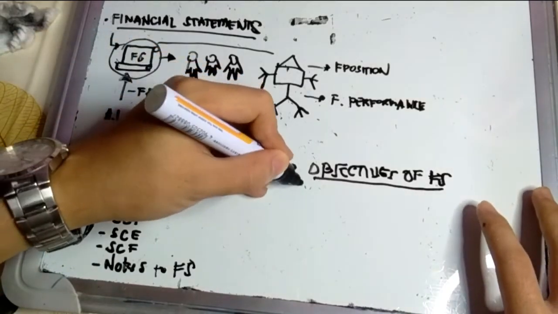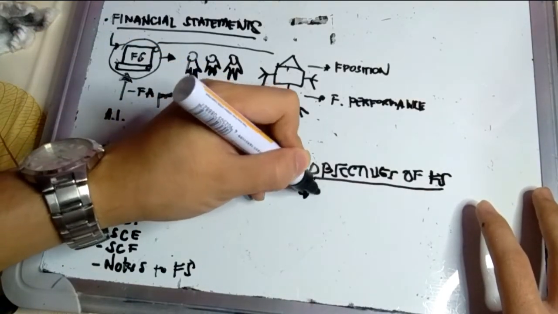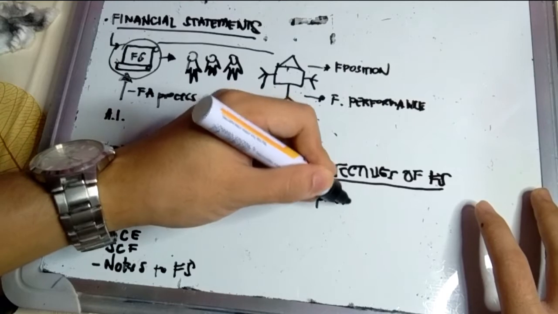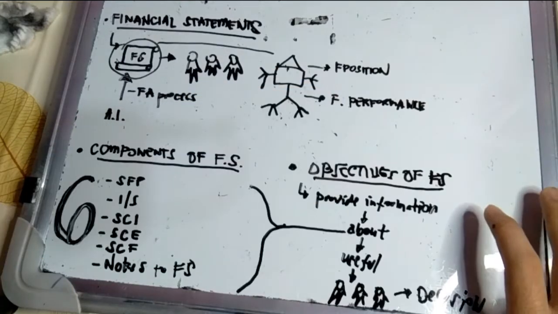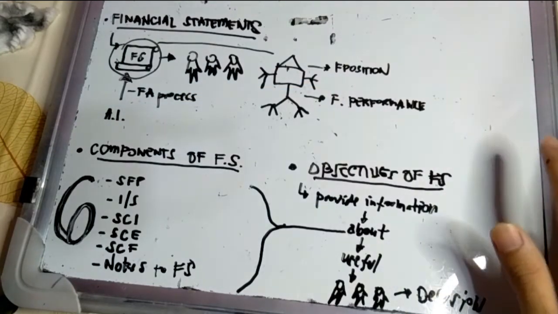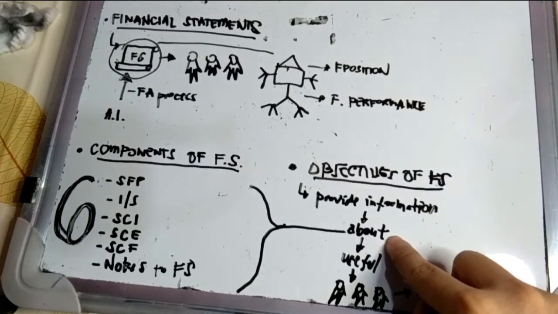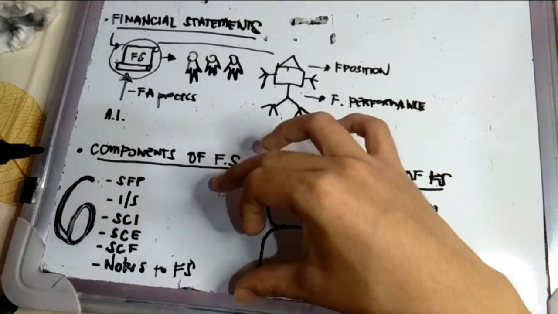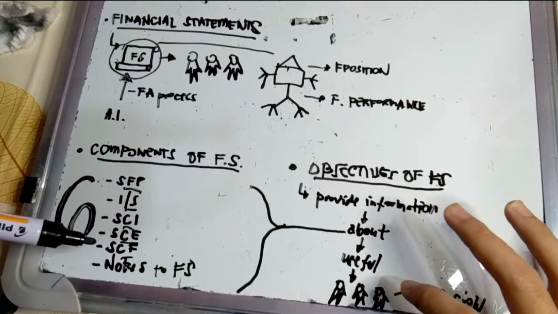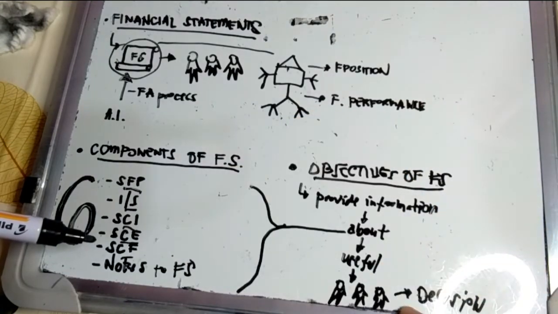So, ang objective pala ni financial statements is to provide information. So, ulitin ko, magbigay informasyon tungkol sa components ng FS that is useful to the users of financial statements in order to come up with their decision.